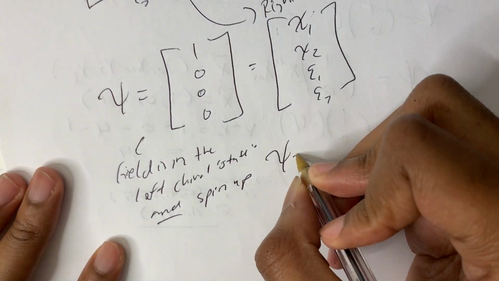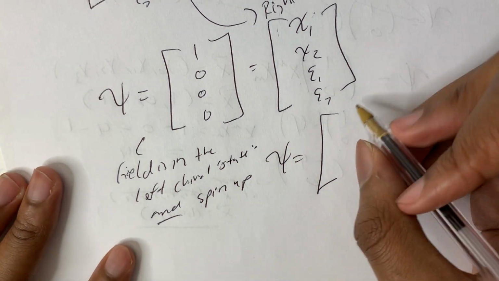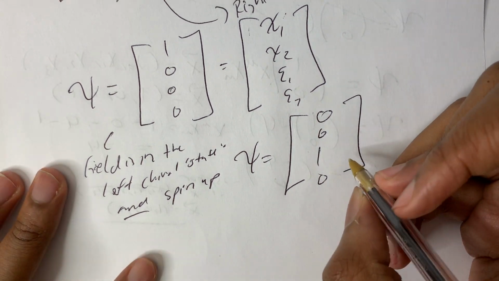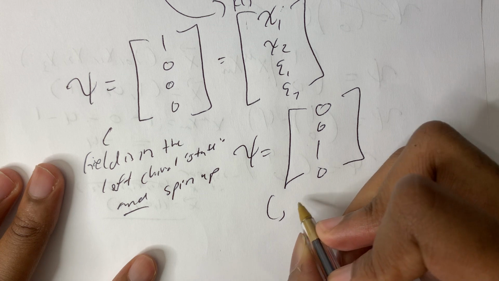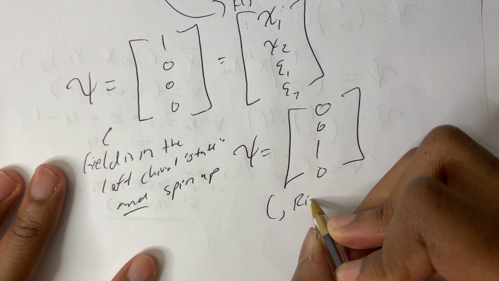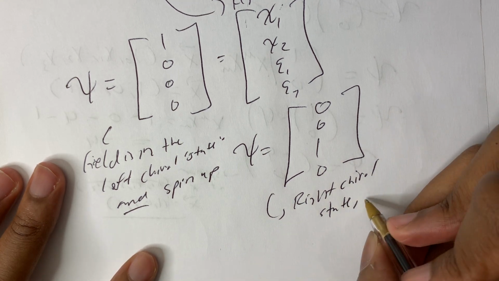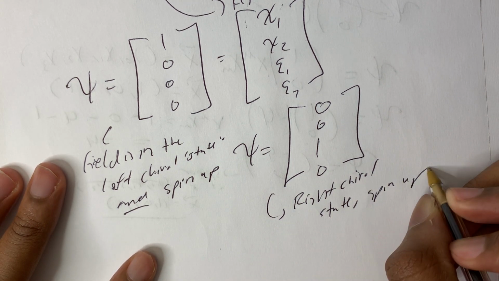However, if our bispinor was instead, for example, 0, 0, 1, 0, then our bispinor would be in the right chiral state, but it's going to be spin up.